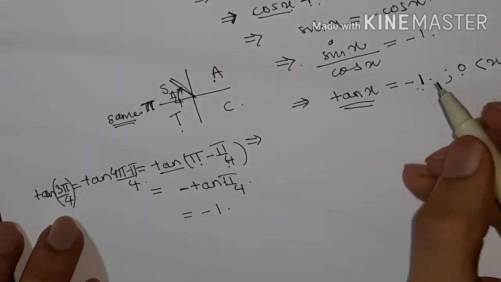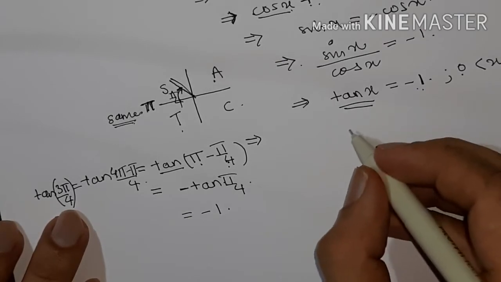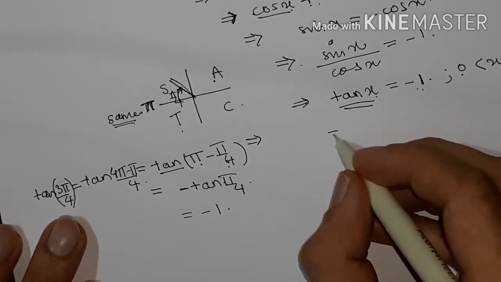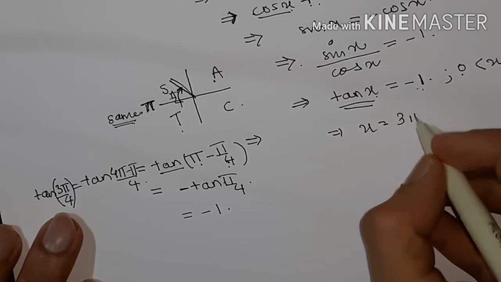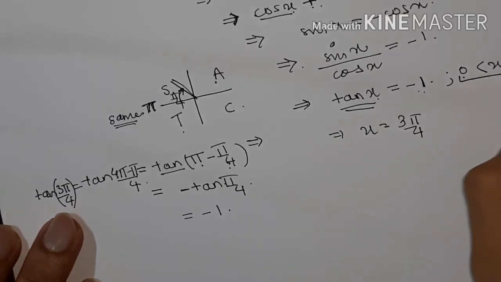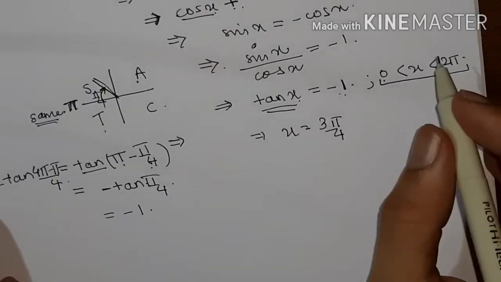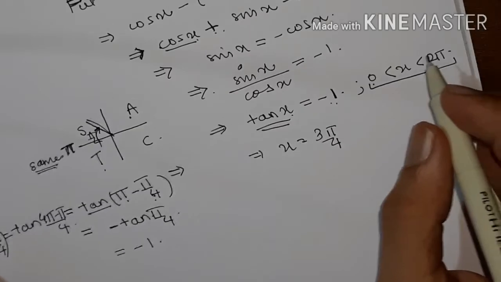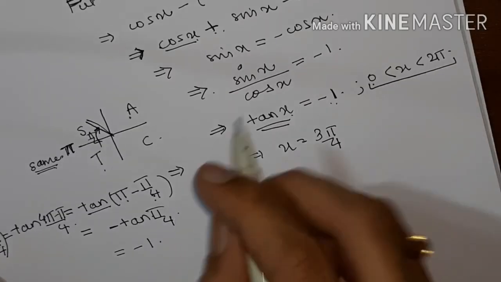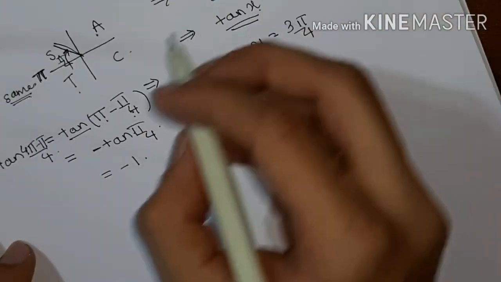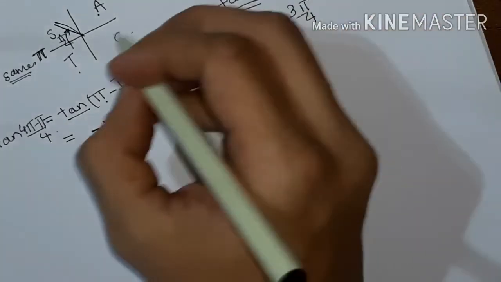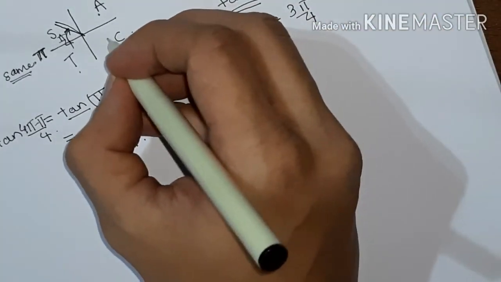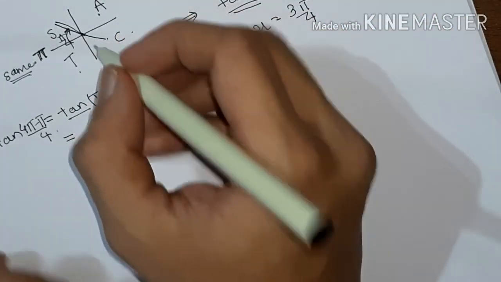So you got theta is 3 pi by 4, that is x is 3 pi by 4, and it is between 0 and 2 pi. One more value is there. In which quadrant is it? It is in this quadrant, the fourth quadrant.